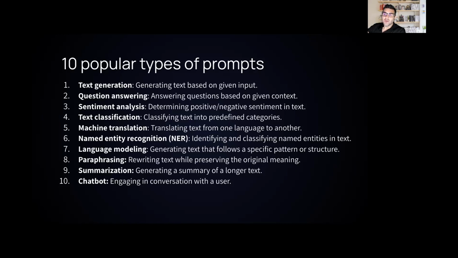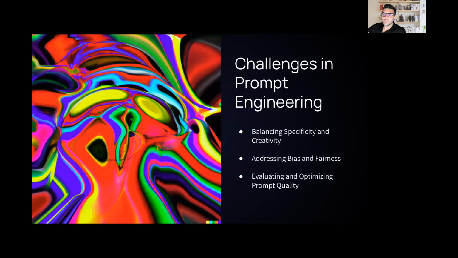Named entity recognition: it will recognize that this is a location, this is a name, and this is a date. Sometimes you need to classify these entities. It does language modeling, it does paraphrasing, it does summarization, and it can act as a chatbot that you can talk to and hold conversations with.